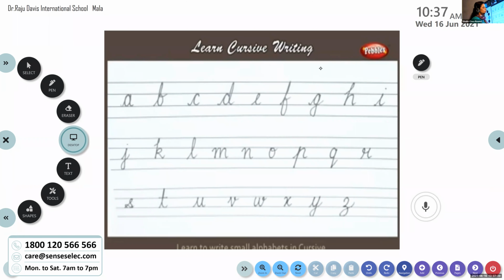Haven't we observed these letters are arranged in an order? Have you all noticed that? Children, all these letters are arranged in a proper order. What is this order called? This order is called the ABC order or the alphabetical order.